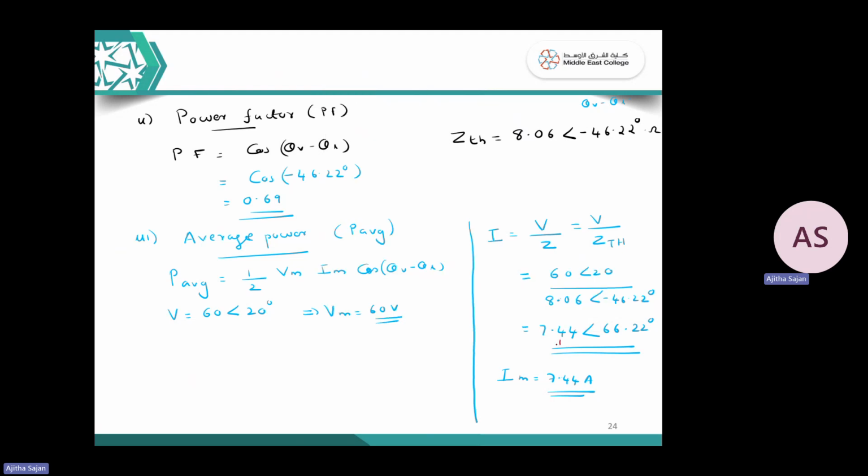This will be Im, and this will be theta I, right? So you got it. Now you can put it into the P average equation. P average is equal to half into 60 for Vm, 7.44 for Im, cos of theta V minus theta I, which you already got, 0.69. So you will get the answer as 154.008 watts. So that is your average power.